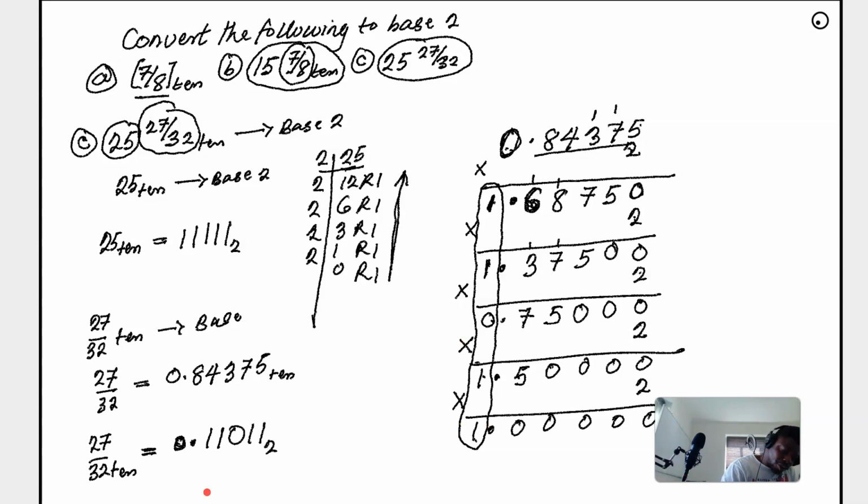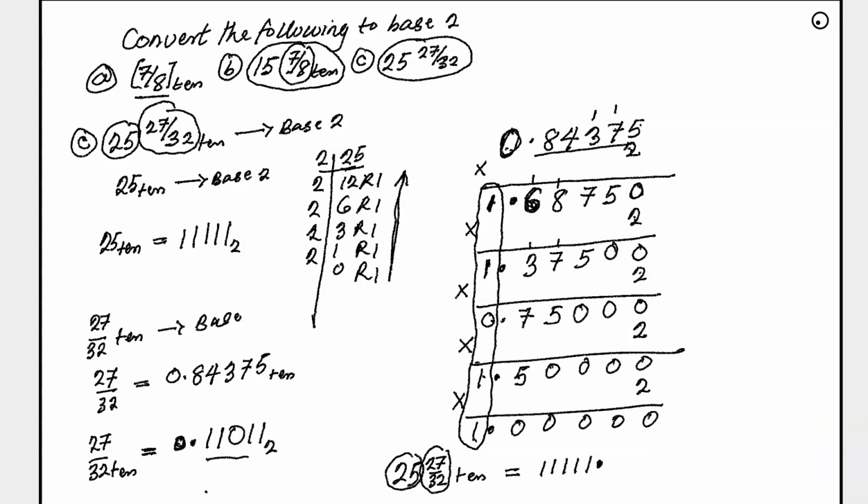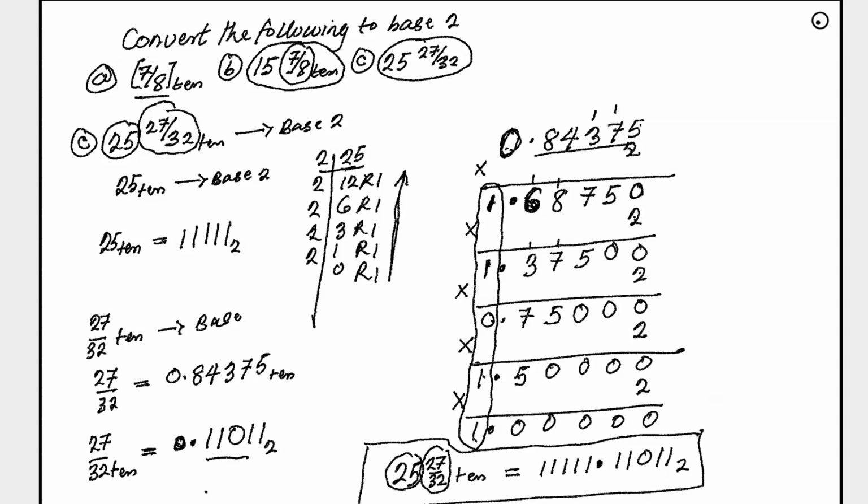So therefore, I can tell you categorically that 27 over 32 in base 10 is equal to, what did we get for the whole number part? 11001. Right? Now, what do we get for the fractional part? This. So 11011 base 2. So this is how to use the Robbins formula, which is the order method.